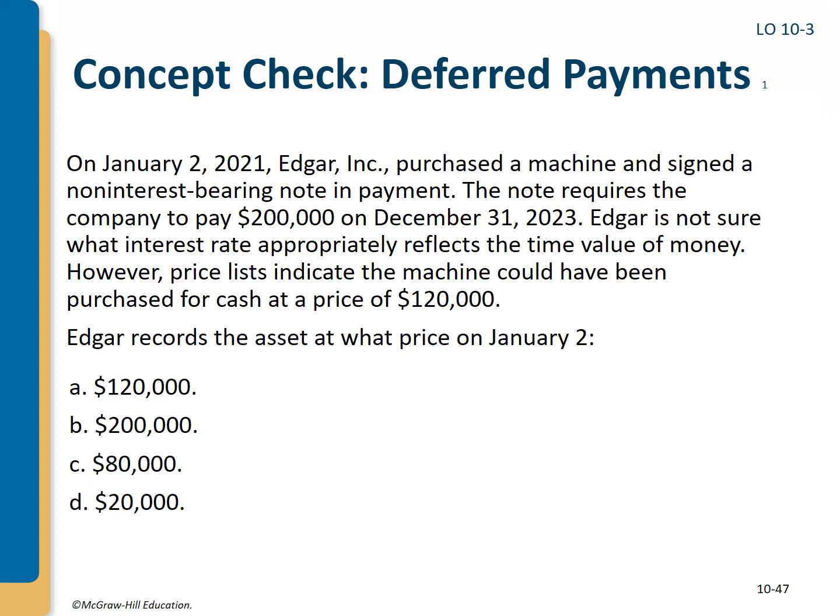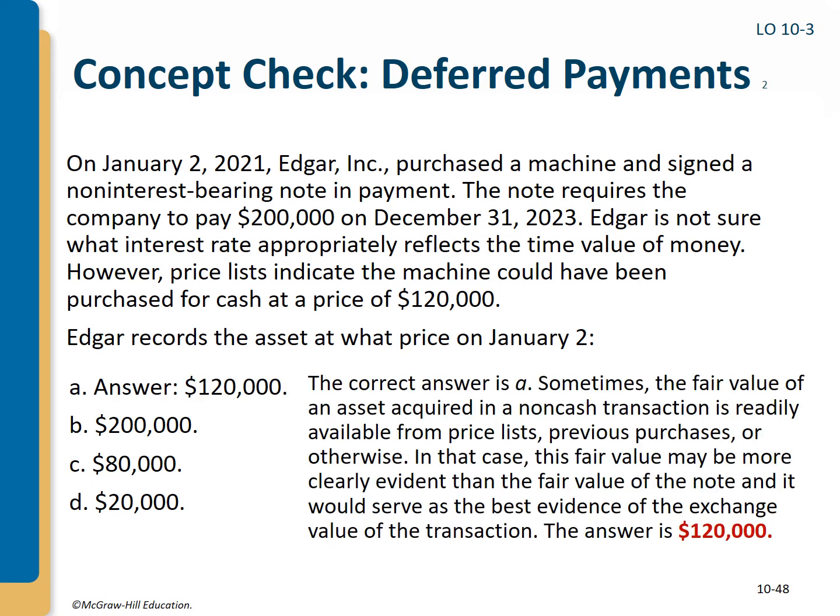The difference of $80,000 is the discount on notes payable. But the question here is, how much should they record the asset at? Well, $120,000. In the very first example we looked at, it didn't tell us what it was worth. It just said, here's what you're going to pay at the end, and you usually are charged a 10% interest rate.